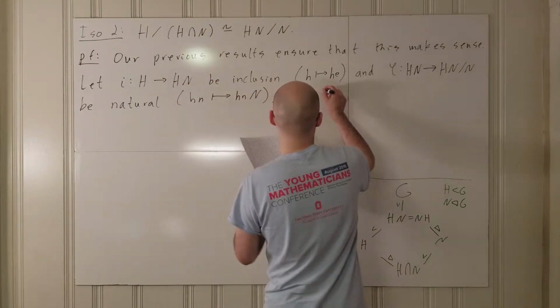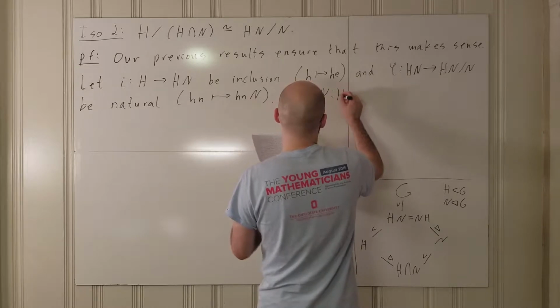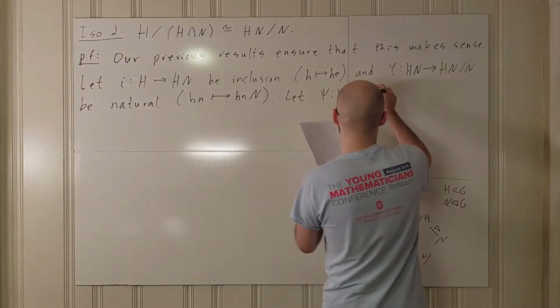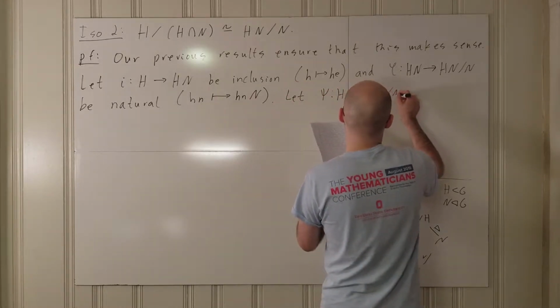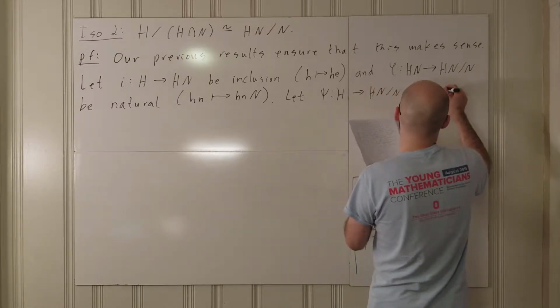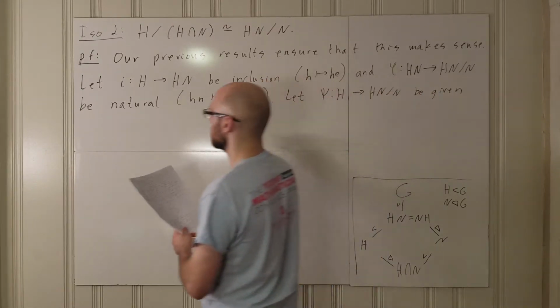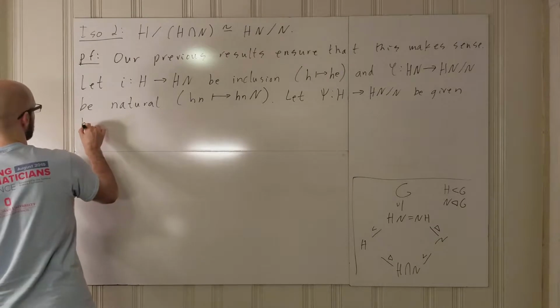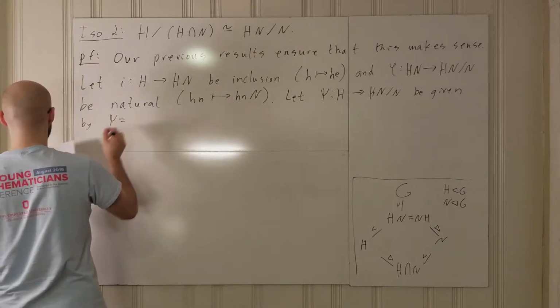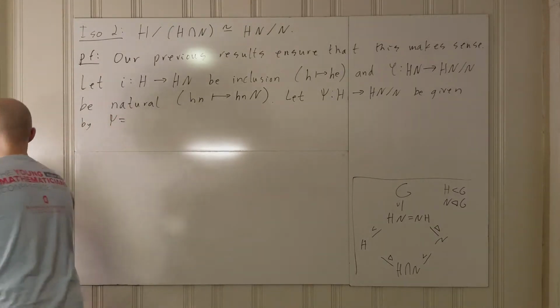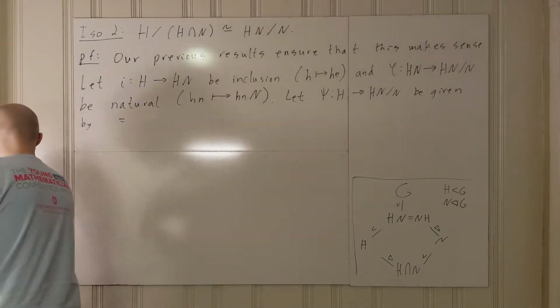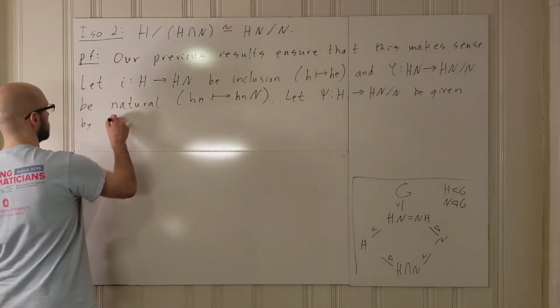Let psi from H to HN mod N be given by composition. So psi is just going to be phi of i.